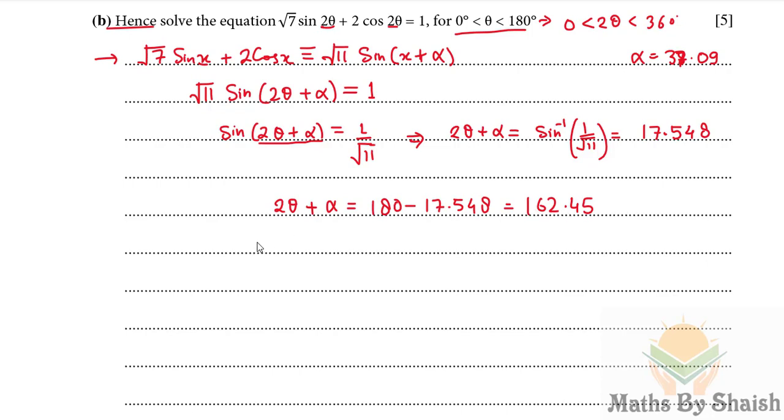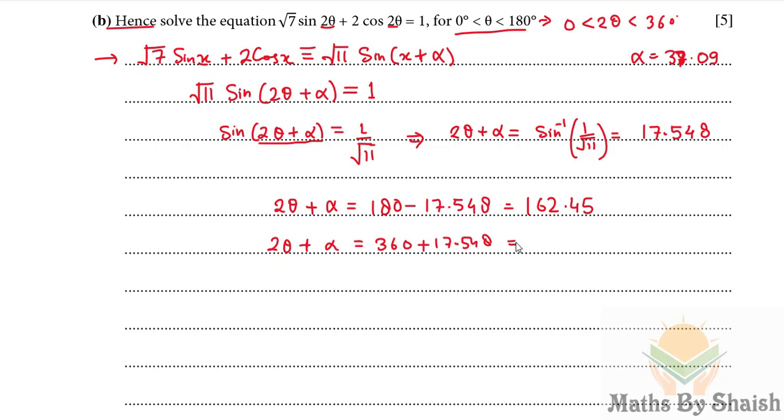So 180 minus this is going to be 162.45 degrees, and again the next angle, 2 theta plus alpha, is going to be 360 plus this angle, that is 17.548.